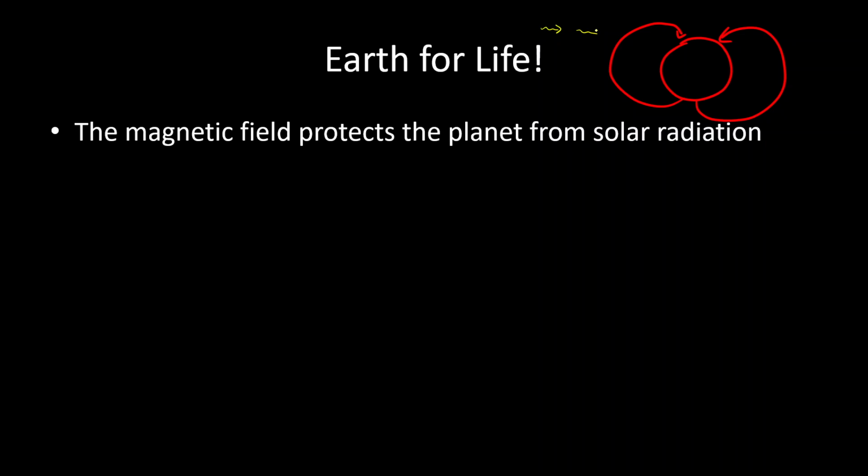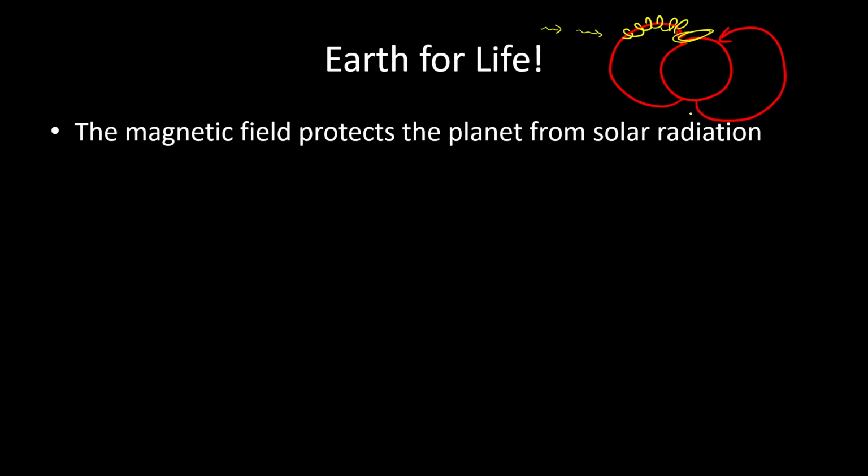And once they come close enough to be affected by the magnetic field, they're going to experience a force. And that force is going to cause these particles to spiral around that magnetic field.